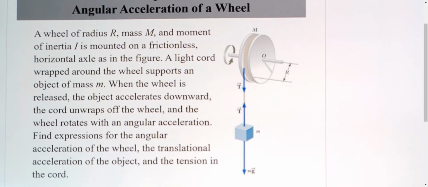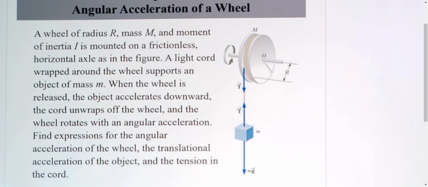A light cord wrapped around the wheel supports an object with mass m. When the wheel is released, the object accelerates downward. The cord unwraps off the wheel, and the wheel rotates with an angular acceleration.